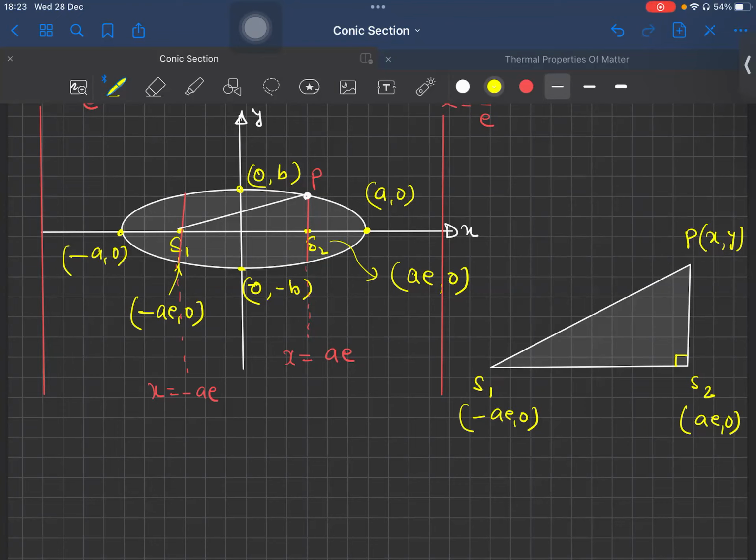Are you listening? Now see, any point on the ellipse will satisfy the equation of the ellipse, which is x square upon a square plus y square upon b square equal to 1. So point P is on the ellipse. It can be some point, we don't know. All right.